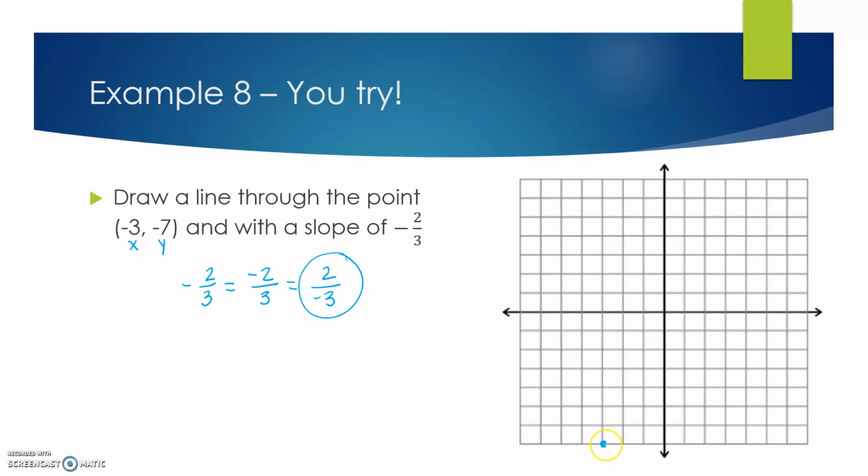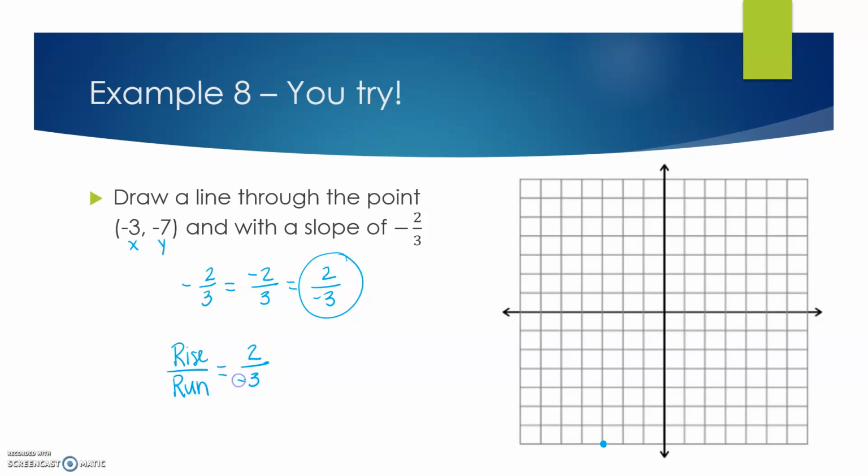And we've been thinking about it going left to right, but if you are asked to graph something where it's already at the edge of your graph and it's going to take you way off the graph, we can actually work right to left as well. So what I'm going to do is think about rise over run in the opposite way that we were thinking of it before.